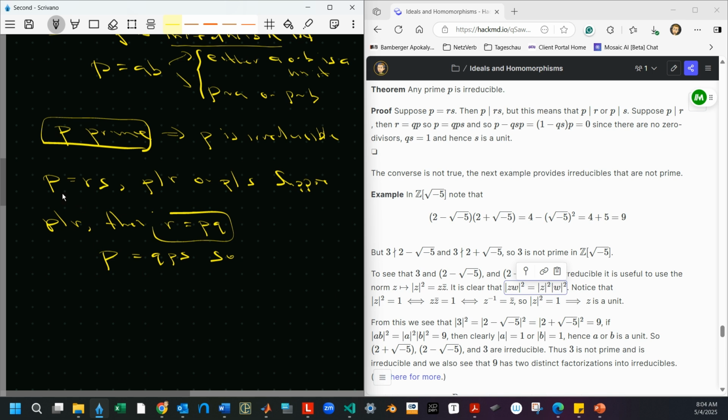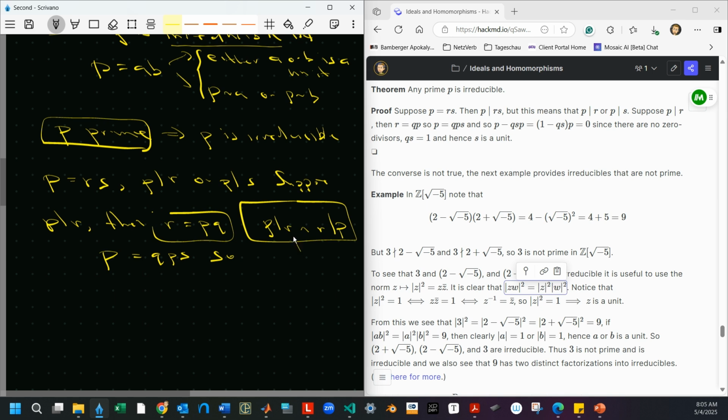P divides R, and R divides P, right? So that looks suspicious, right? We have P divides R and R divides P. Maybe that already gives you some thought that something strange is going on.